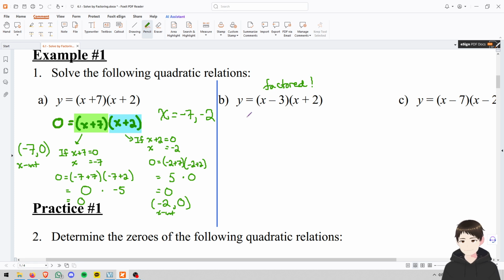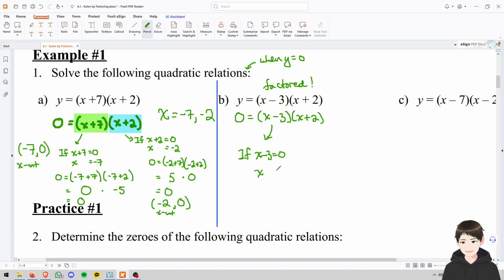Okay, so what is x when the y value is 0? And when it says solve, I should have written solve when y equals 0. Okay, so if y is equal to 0, what is x? I am not going to write all of this and check every single thing, but I will help you out and say if x minus 3 equals 0, that means x must be 3 and the x-intercept must be (3, 0).